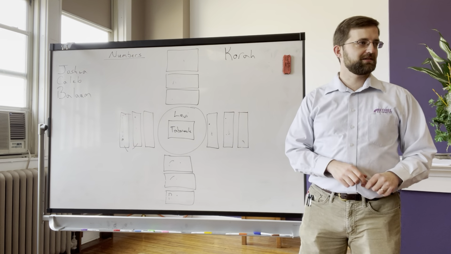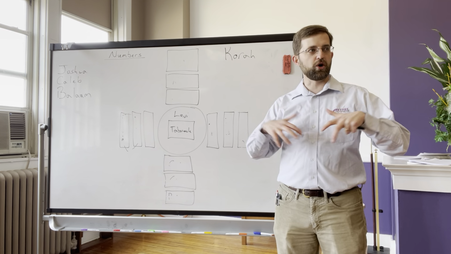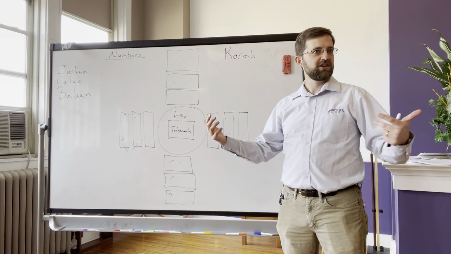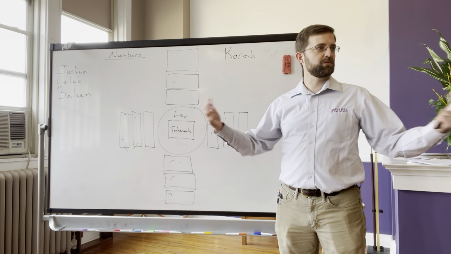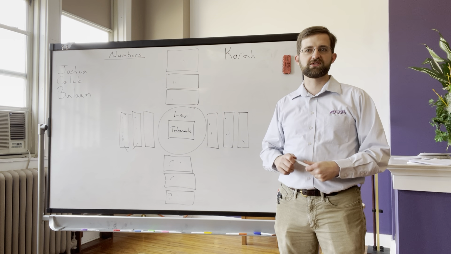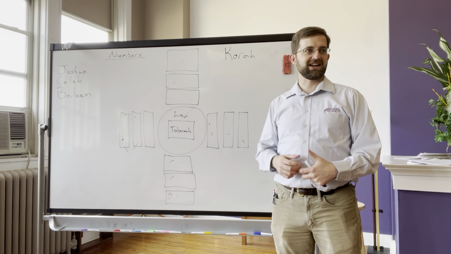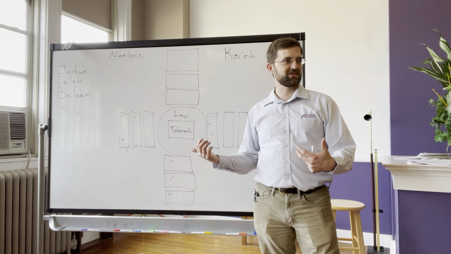But there's this Levite named Korah who gets it into his head that because all of the people are the people of God, they are all holy, there's no need for Moses or Aaron to lead them. They can all be priests, they can all do what they want to do, and there's no reason to obey Moses. And so Moses doesn't actually directly oppose Korah, but God speaks to Moses and tells him what to do.